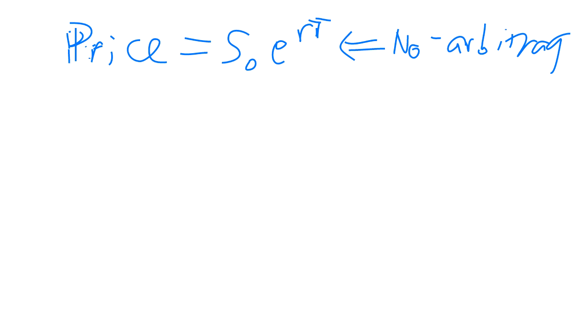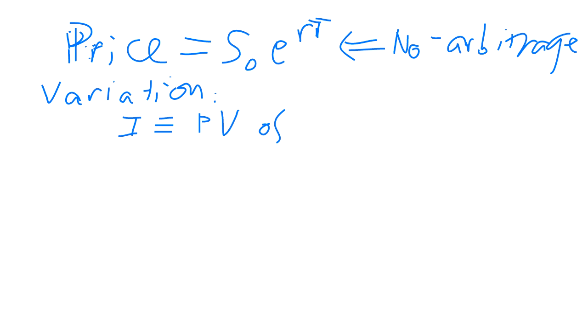Now, on the other hand, if we have some kind of variation, so we were in the middle of the variation part, and say, suppose the underlying asset is going to generate some kind of income, and we denote I as the present value of all incomes. Then what should you do?